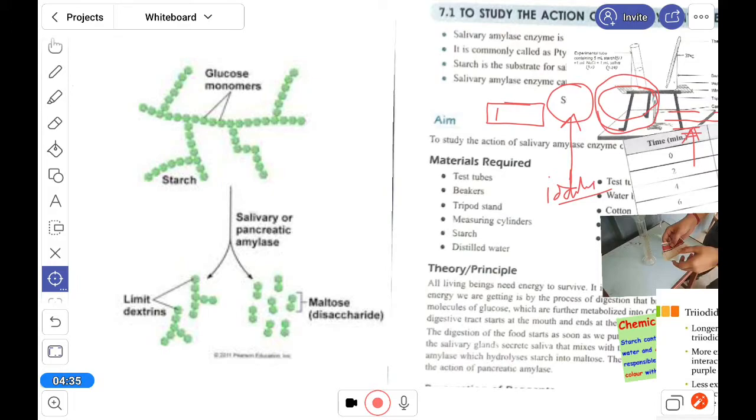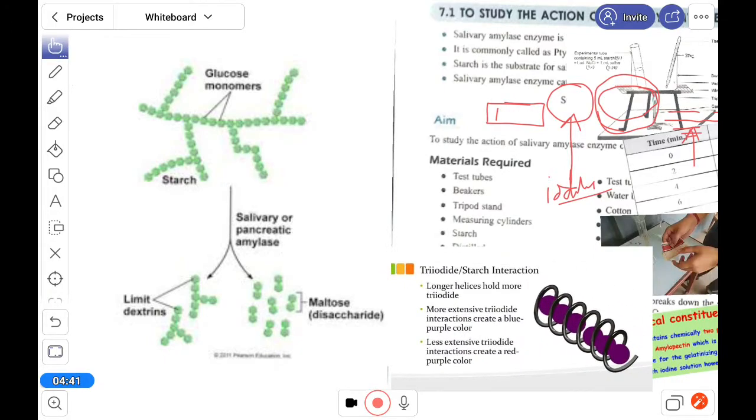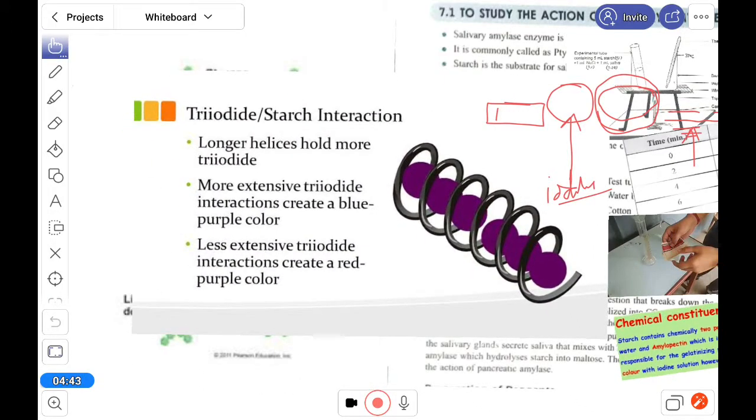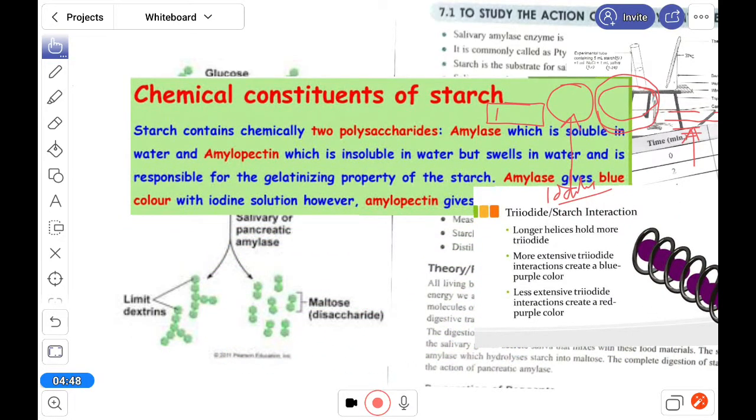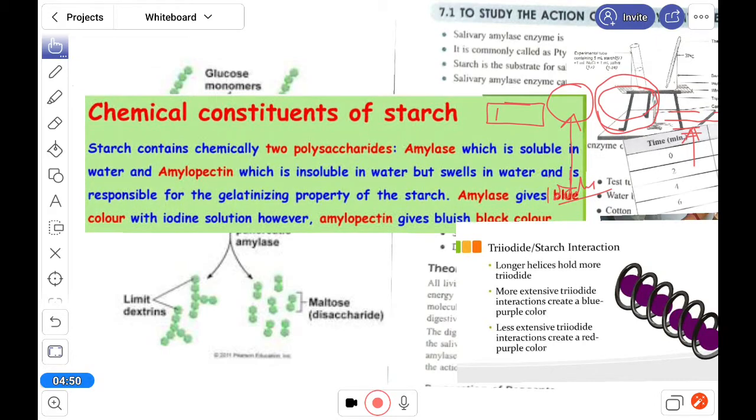Now, iodine shows color in two different ways, and we have to know a little bit about that. Look here, starch contains two polysaccharides: one is amylose, another is amylopectin. Amylopectin has a branching structure, and amylose has a long chain.